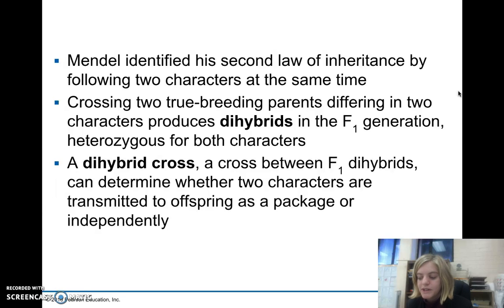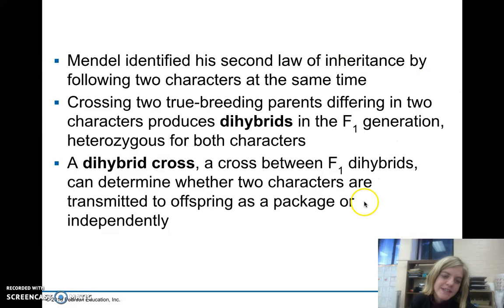So if he had true-breeding parents, for example, capital P, capital R with lowercase p, lowercase r, all the offspring will be big P, little p, big R, little r. And this is called a dihybrid cross.